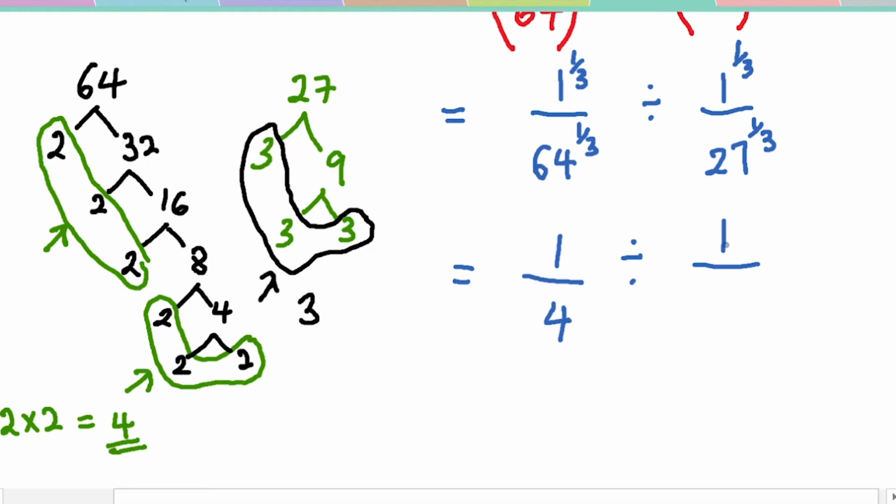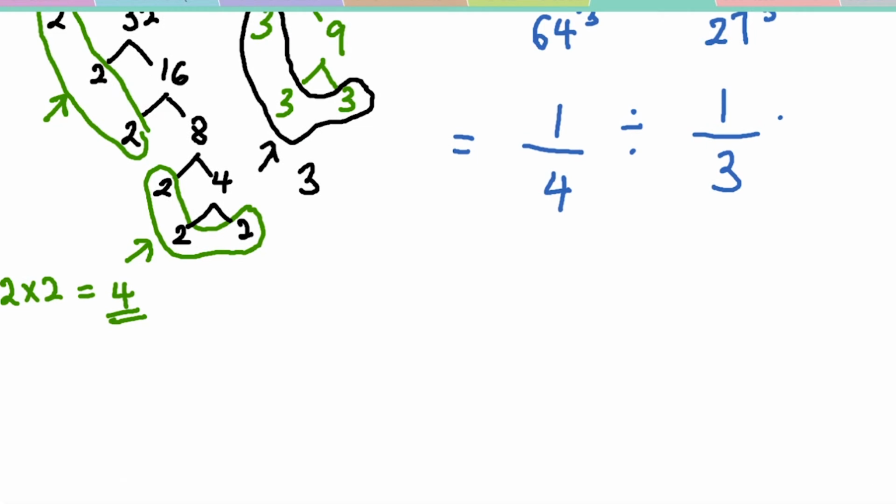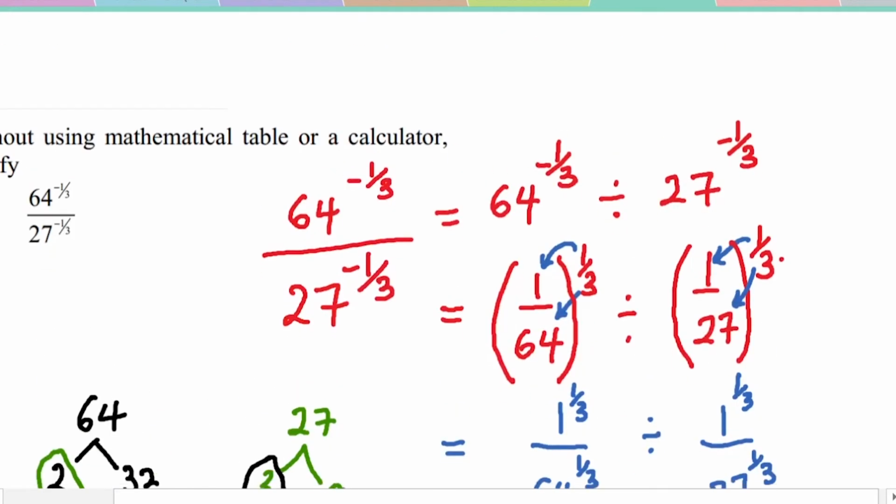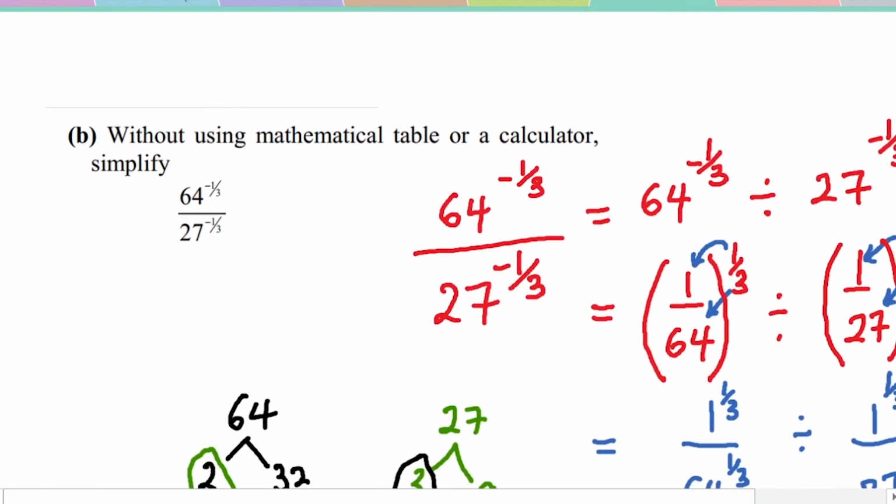So this is going to become 1 over 3. After simplifying our working like that, we shall continue by saying this is a quarter, multiplied by 3 over 1. And our answer is 3 over 4. That becomes the answer to our question that was saying without using mathematical tables or calculator, simplify.